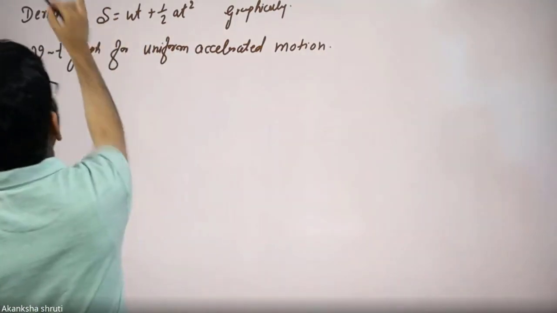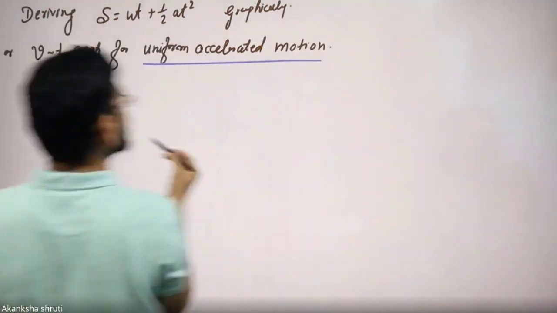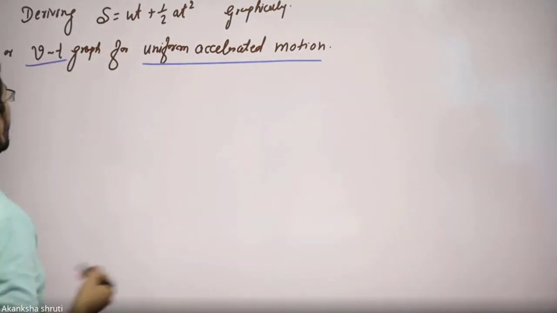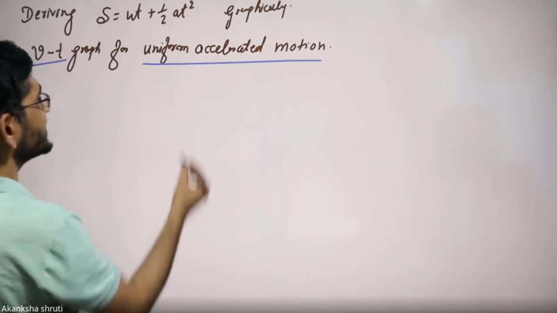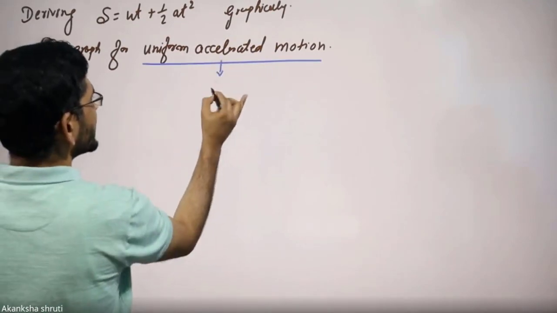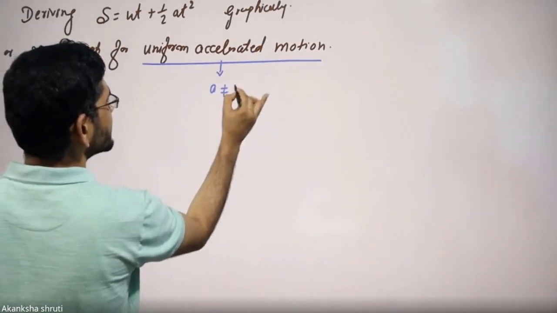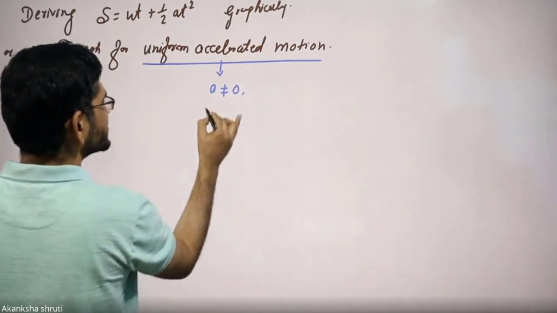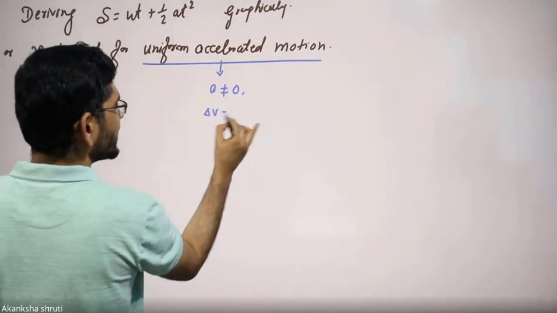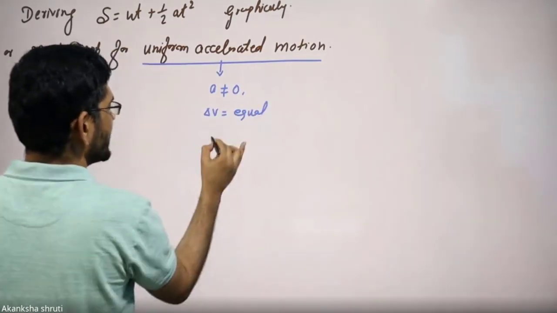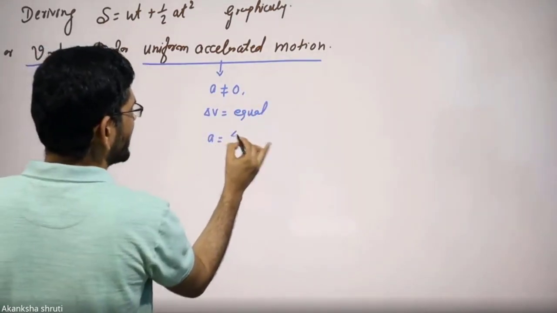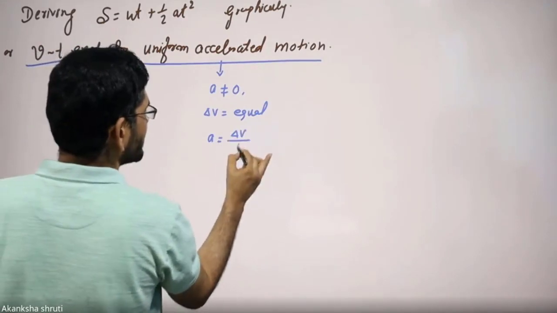So for uniformly accelerated motion, how is the VT graph? Acceleration is there, but the change in speed is always equal. This is the characteristic. And acceleration is calculated by the change in speed divided by the time.